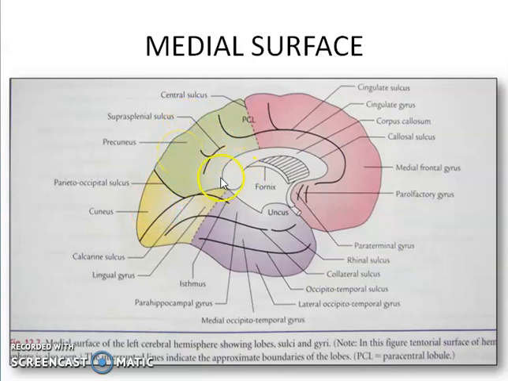This was the splenium of the corpus callosum, and a small sulcus a little above and parallel to the splenium is called the subsplenial sulcus. This separates the precuneus from the cingulate gyrus.